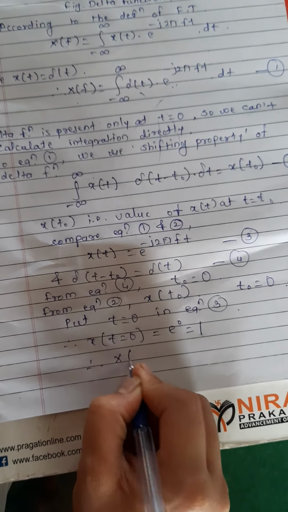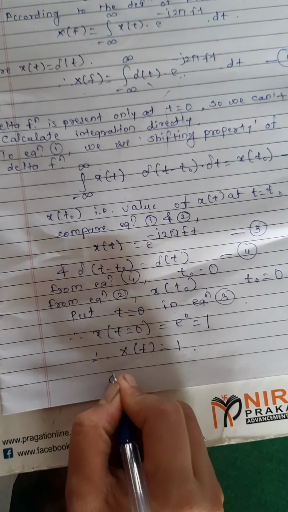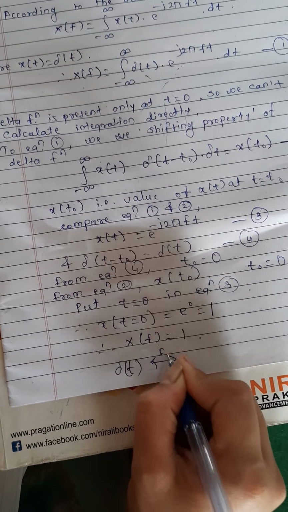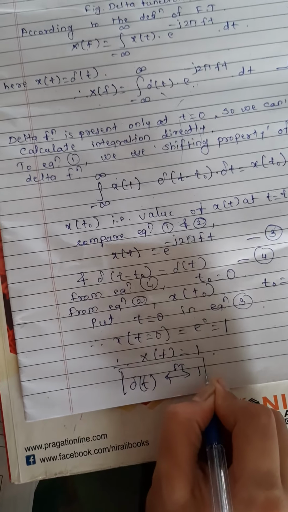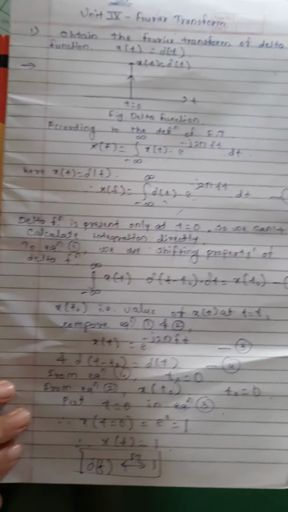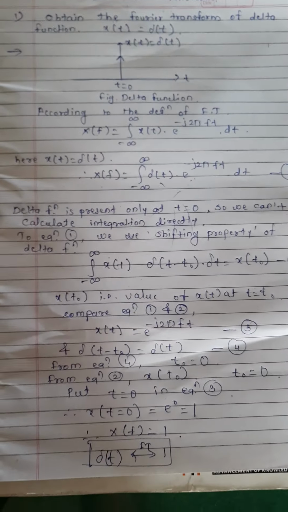Therefore X of f value is 1. So the Fourier transform of delta of t is 1. This is the answer. This problem was asked in the exam for 4 marks.